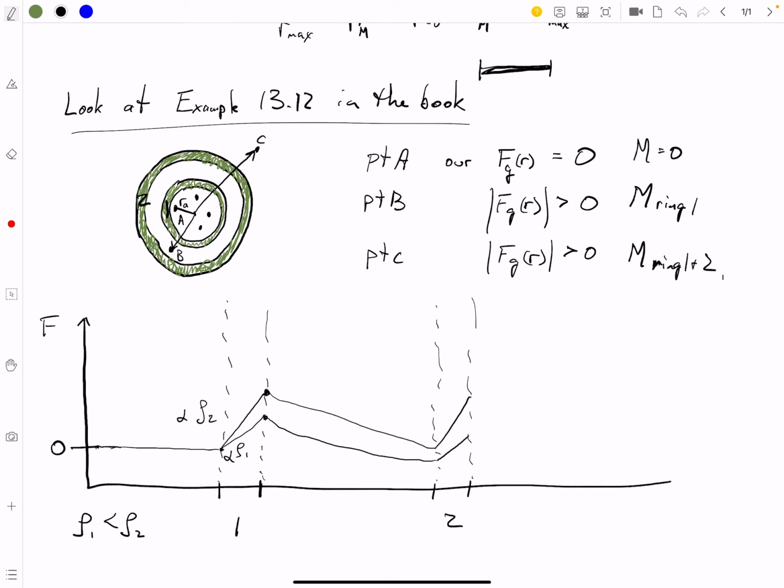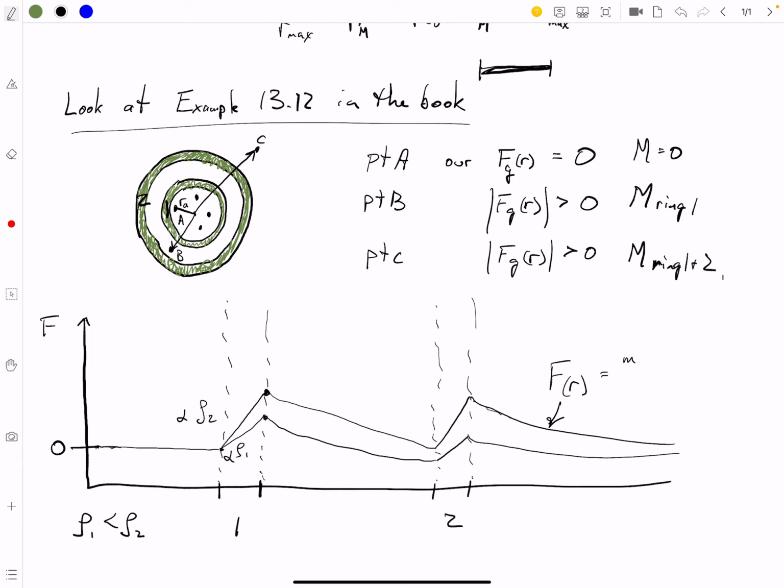And then those guys will again fall off as 1 over r squared. And that's pretty much what it looks like. These are our F of r's, depending on the density of the material.